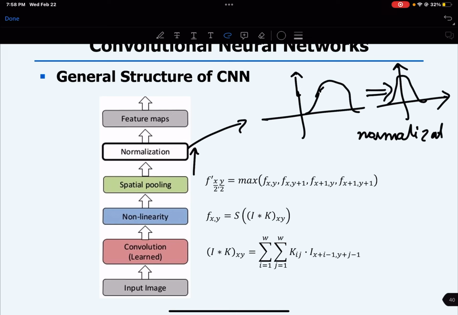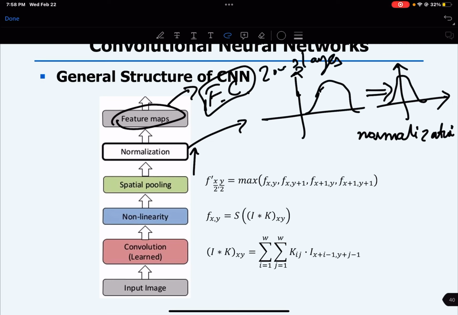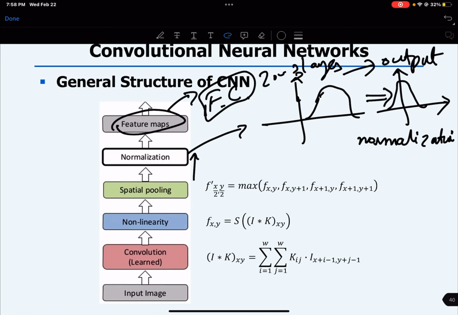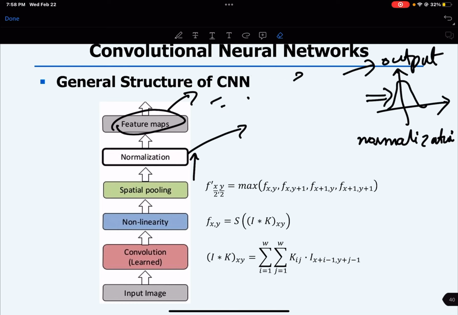We can do the normalization here, and then we have our feature maps. These feature maps would be input into your fully connected networks, 2 or 3 layers, which would give us the final classification output. So this is the general structure of a convolutional neural network.